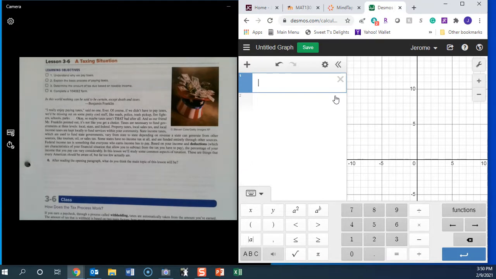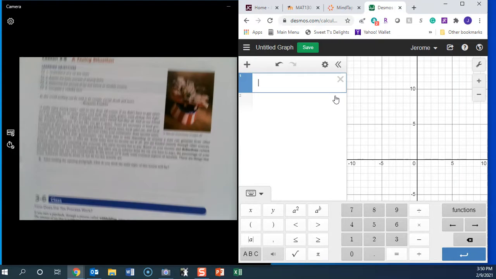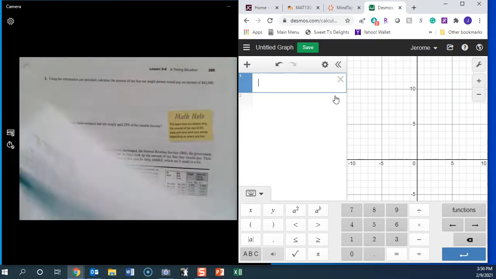All right, so we go here. It says lesson 3.6, a taxing situation. Learning objective is to understand why we pay taxes, explain the basic process of paying taxes, determine the amount of tax due based on taxable income, and complete a 1040-EZ form. Now, we go over here.